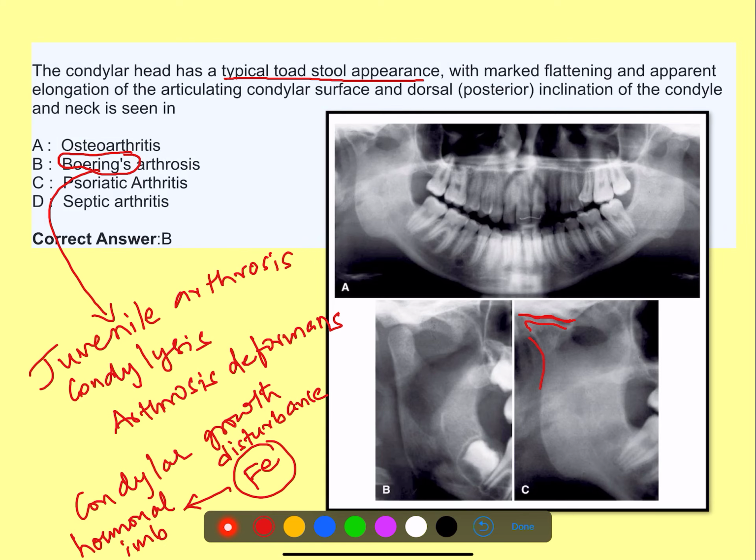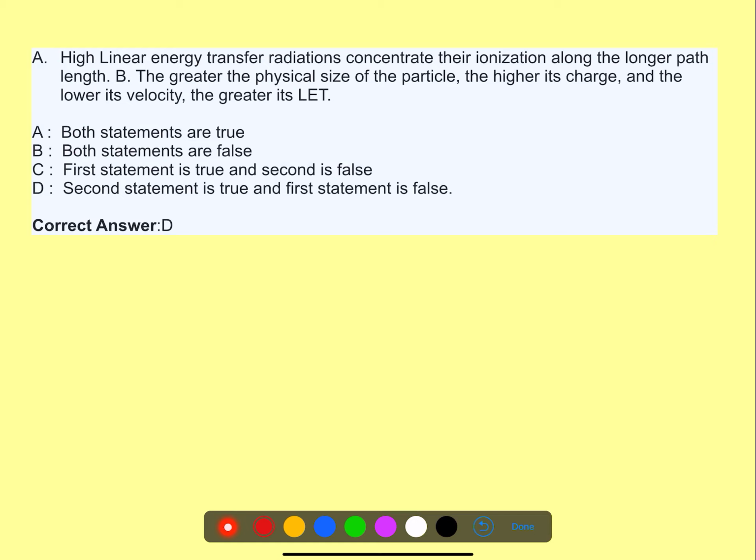Then, this next question is a statement based question. The first statement is: high linear energy transfer radiations concentrate their ionization along the longer path. The second statement is: the greater the physical size of the particle, the higher its charge and the lower its velocity, the greater is its LET.